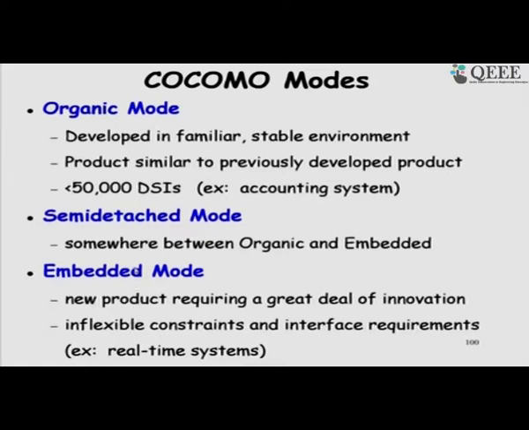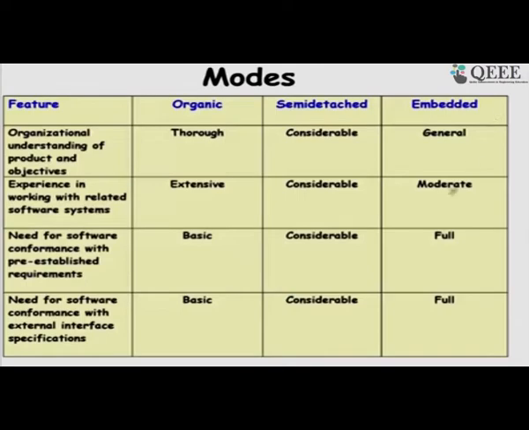Even if the developers are experienced, if there is a great deal of innovation and constraints working with the hardware and so on, then that will become an embedded mode. A simple software, if developed by developers with no experience, in chaotic development, we may have to classify as embedded. So, the effort will increase. This is how he classified into different modes.